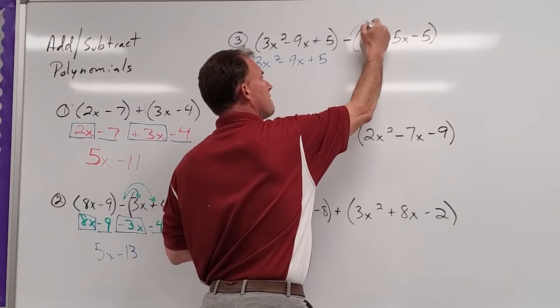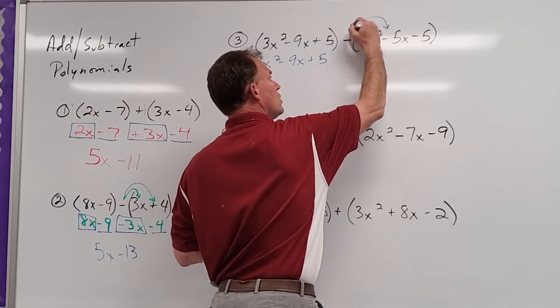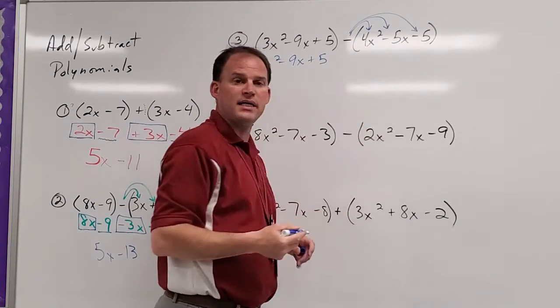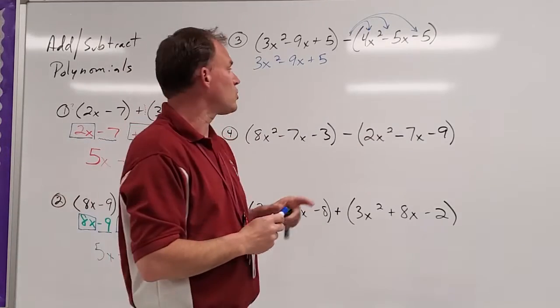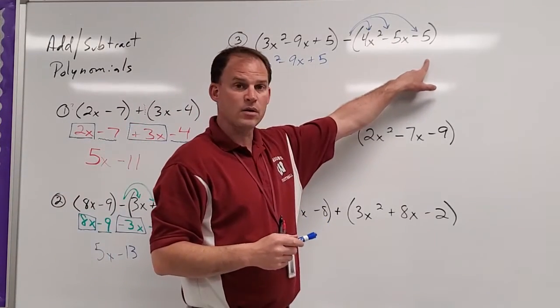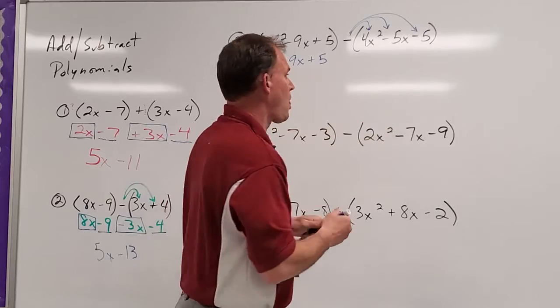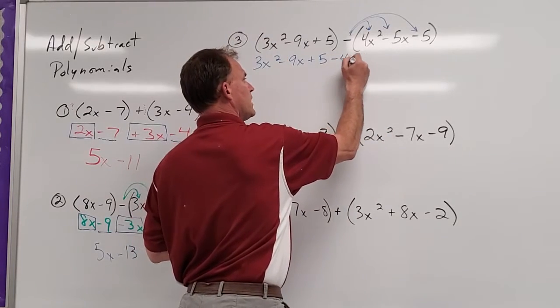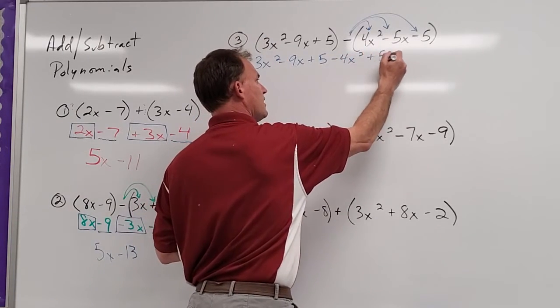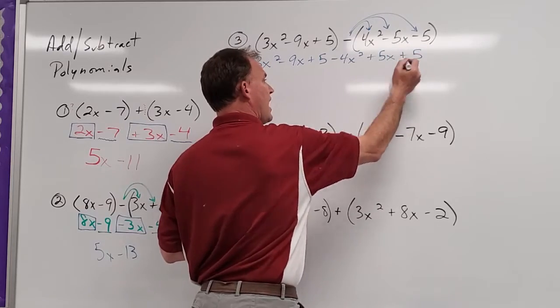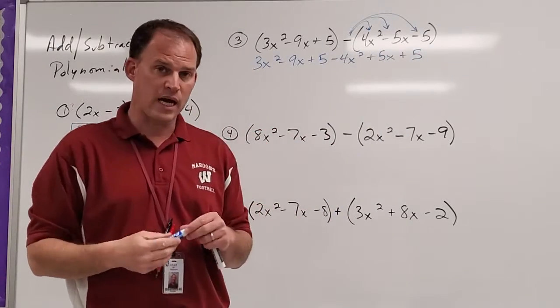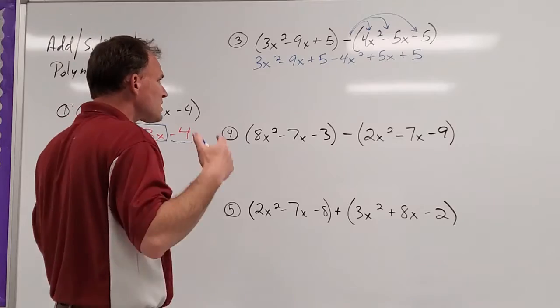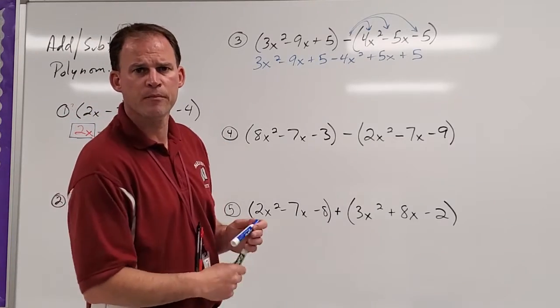So remember, each sign gets changed. So what am I going to write here? Minus 4x squared plus 5x plus 5. Change the signs. Okay? What like terms do you see?